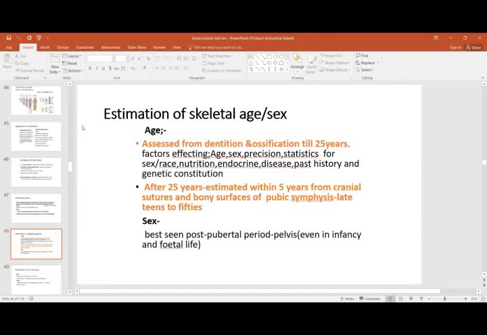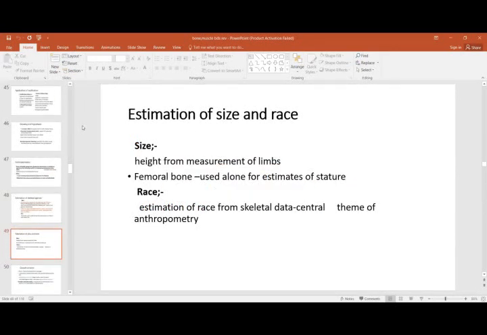Then the sex. You know that after puberty the pelvis is different, even in infancy and fetal life, in case of sex, where male and female have certain differences, and certain bones are helpful. Then estimation of size and race: for height, the measurement of the limbs, the femoral bone is used for the height of the person.